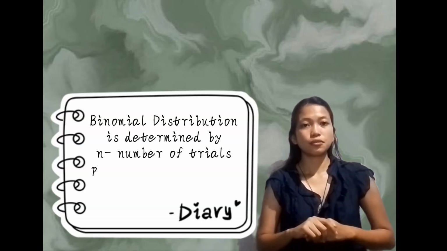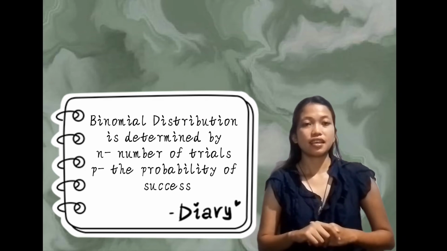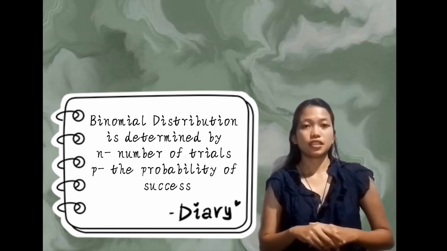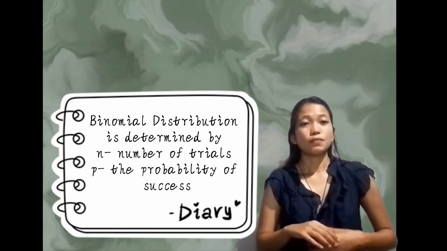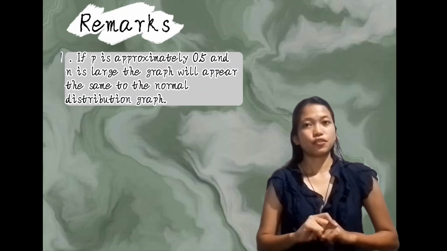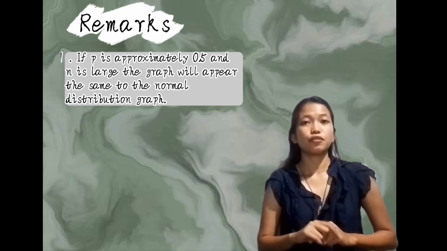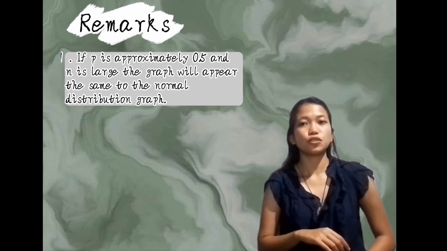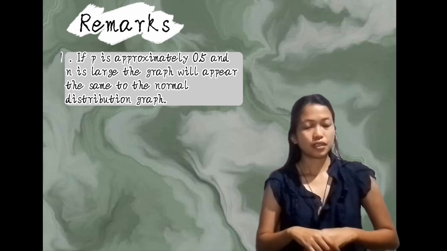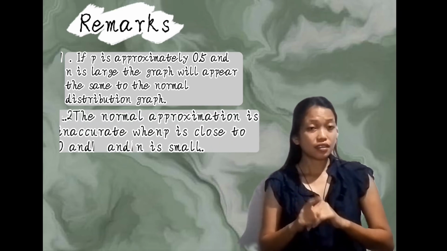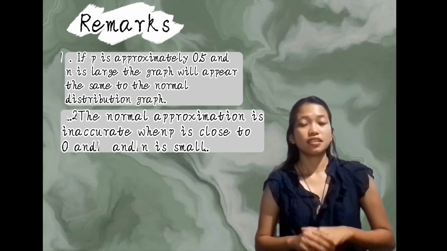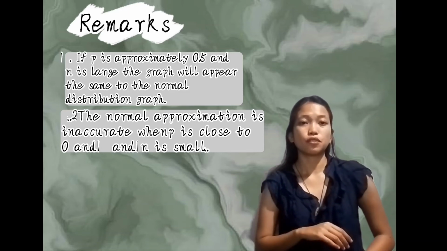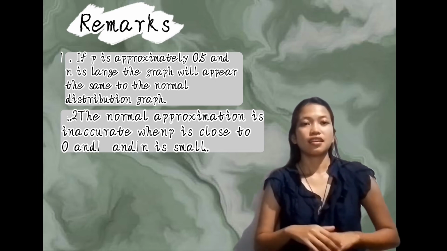Also recall that the binomial distribution is determined by the number of trials, n, and the probability of success, which is p. When p is approximately 0.5 and the n increases, the shape of the binomial distribution more closely looks like that of the normal distribution. But when p is close to 0 or 1 and n is small, the normal distribution approximation is inaccurate.